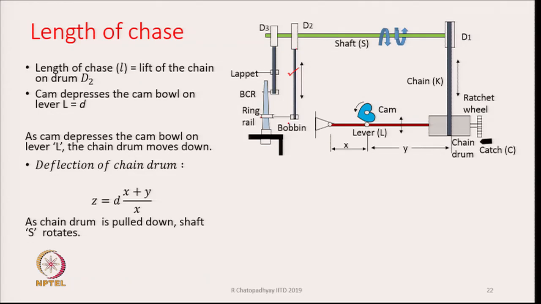of the cam. So, let us say the cam depresses the cam ball on the lever L by a small amount d. As the cam depresses the cam ball on the lever L, the chain drum moves down. So, it will be like this.